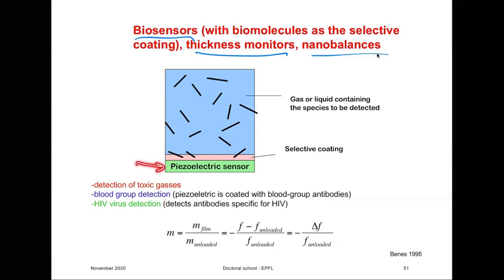You have a piezoelectric sensor, and on that sensor, for example, you can put a selective coating, which is sensitive to only some species that are present in the atmosphere, which can be gas or liquid, above that piezoelectric sensor with the coating.